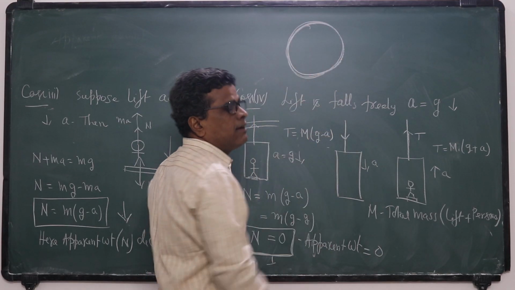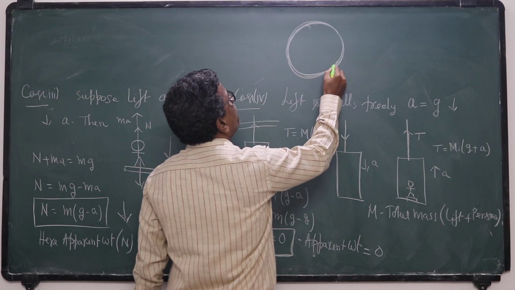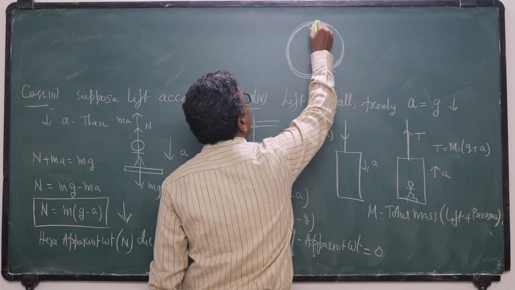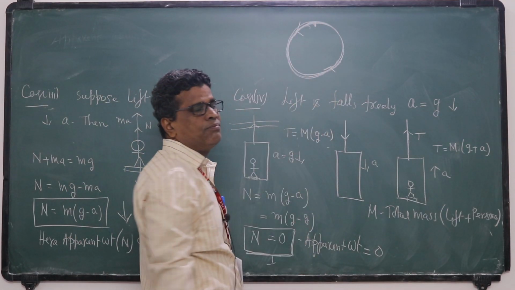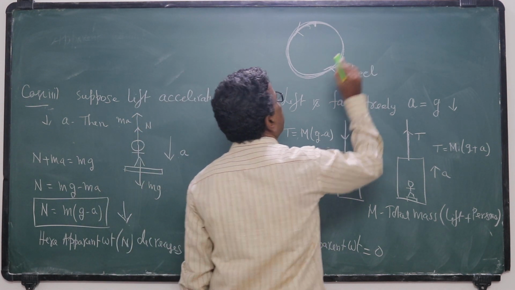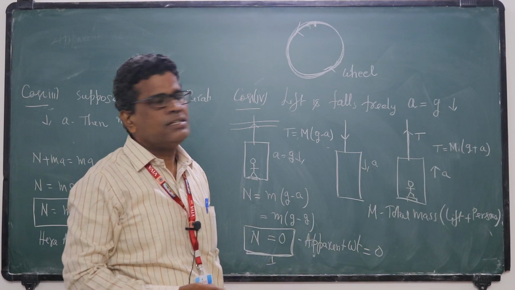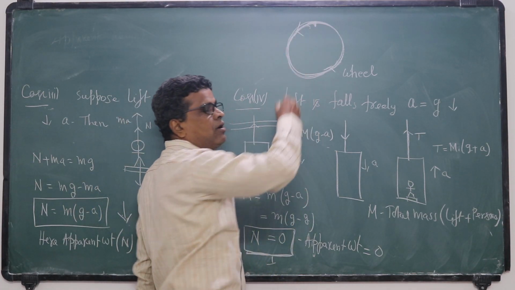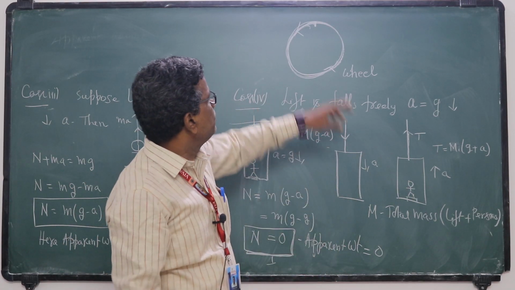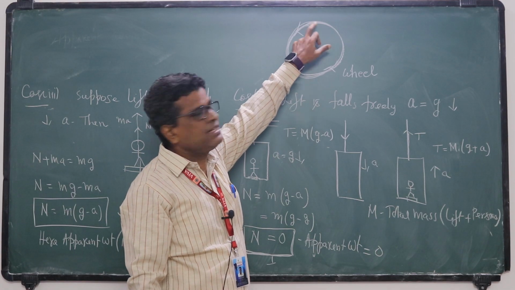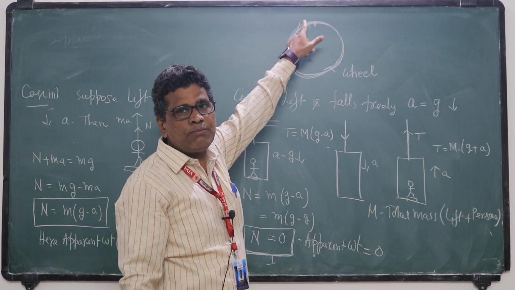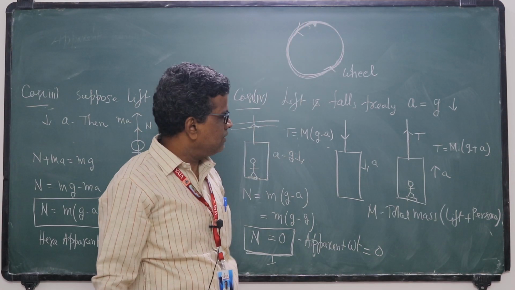So the wheel will rotate like this. When it is moving up, you feel more weight. But at the top, when you are falling down from the wheel, you are feeling weightlessness. So you can feel that practically in the giant wheel when it is falling from top to bottom. Okay, that you feel.